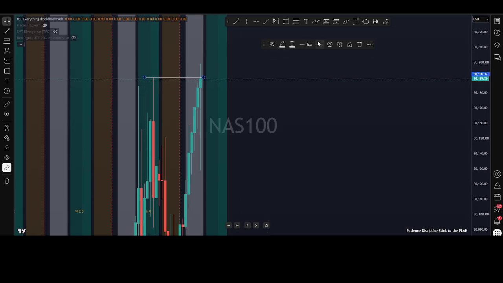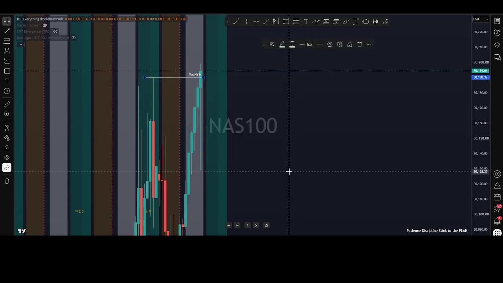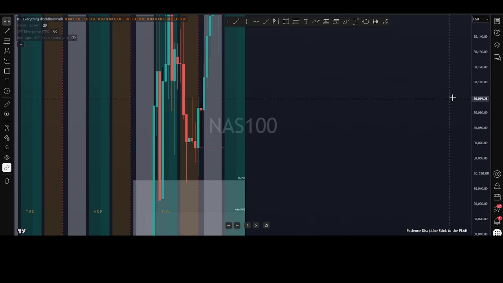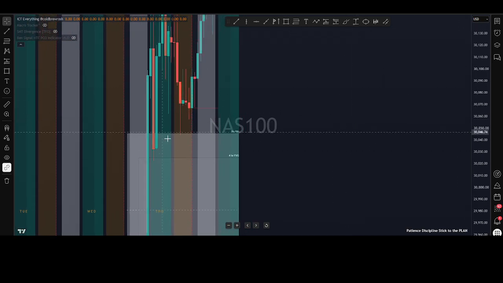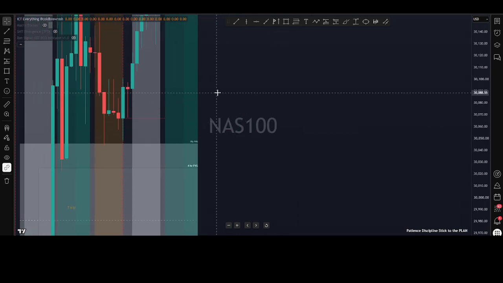And the way I would mark that would be simply as yesterday's New York, pretty sure it was a PM high, but you can't see the PM there now. I'll leave it at that for a moment, right? And the other key focus point on here would be the London low, which is there.